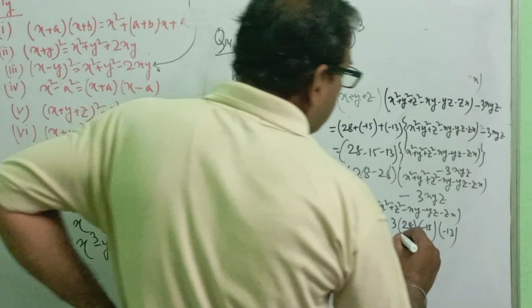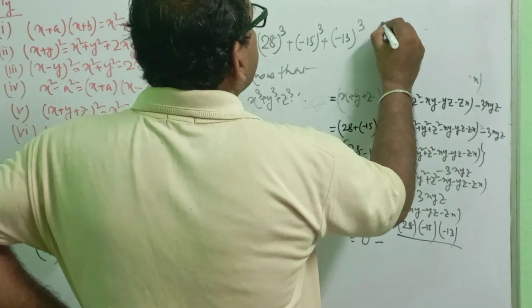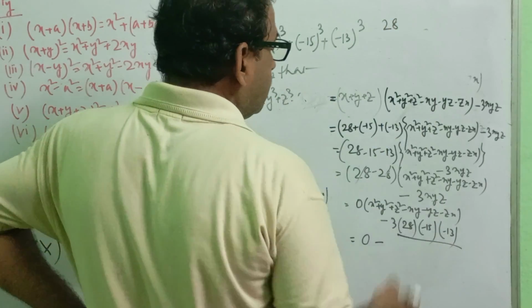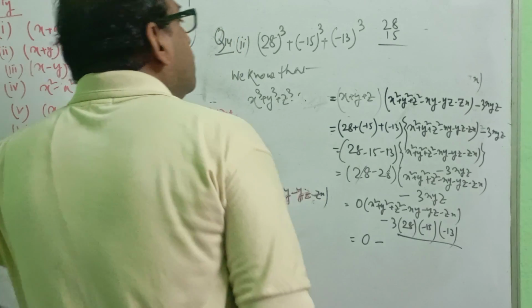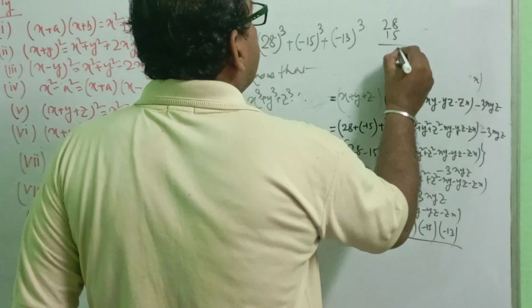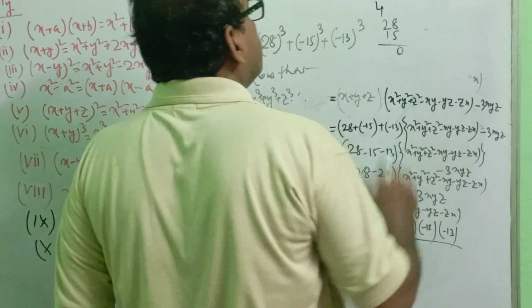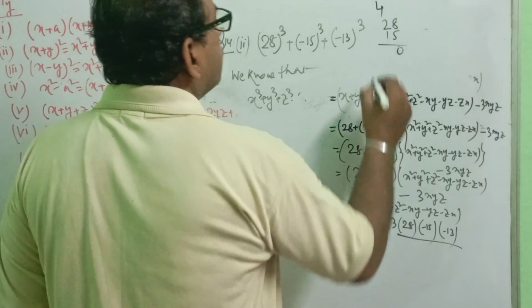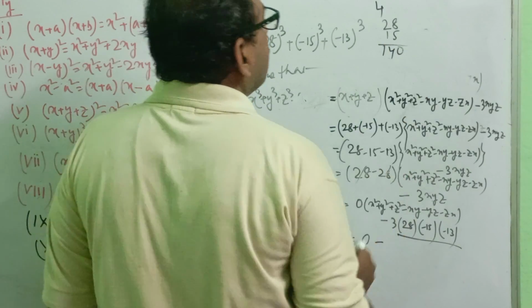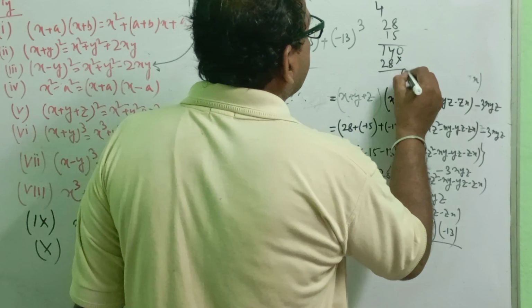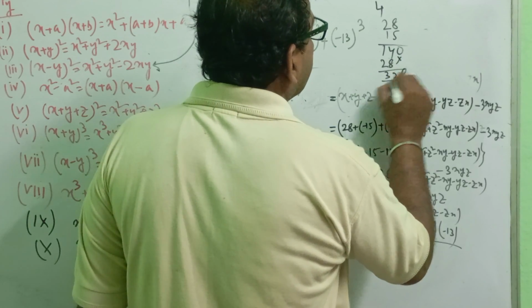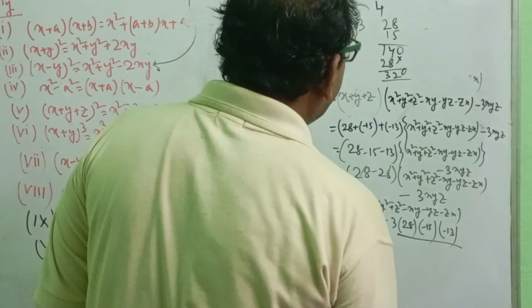We have to multiply that. That is 28 into 15, which is 420.